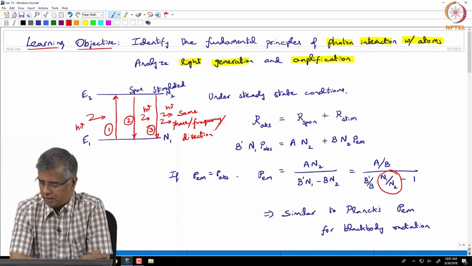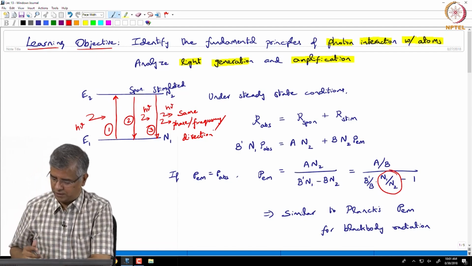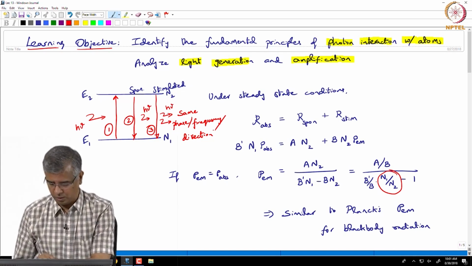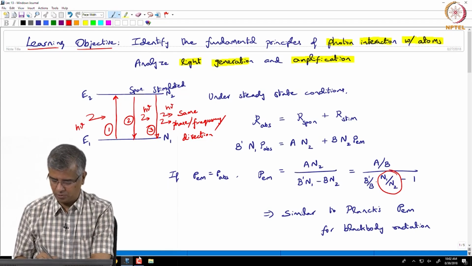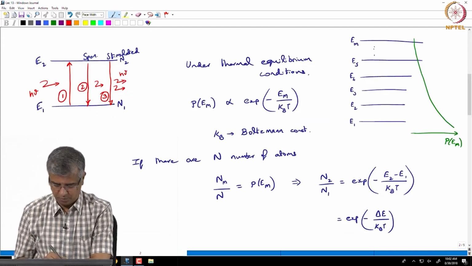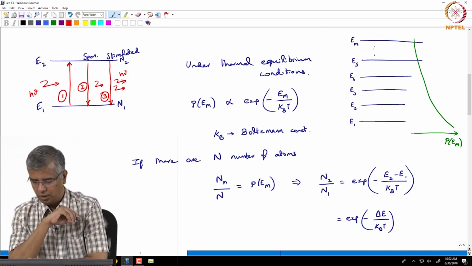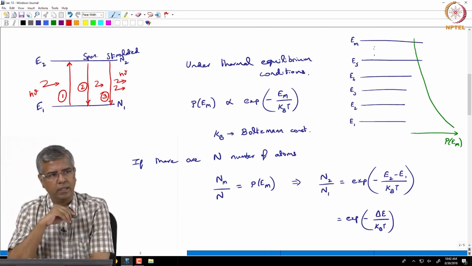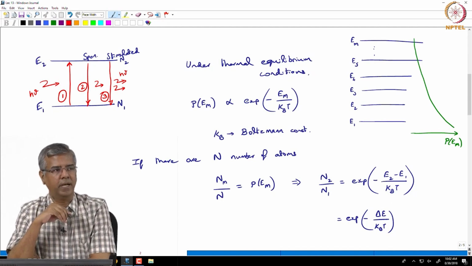And then we got an expression like this, and then we said, okay, Einstein actually realized that this is similar to what Planck had derived for black body radiation, and through that we started getting into looking at what black body radiation meant.